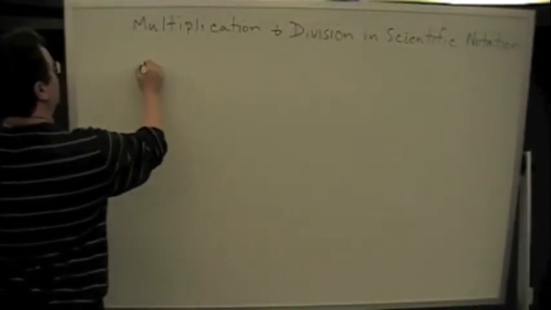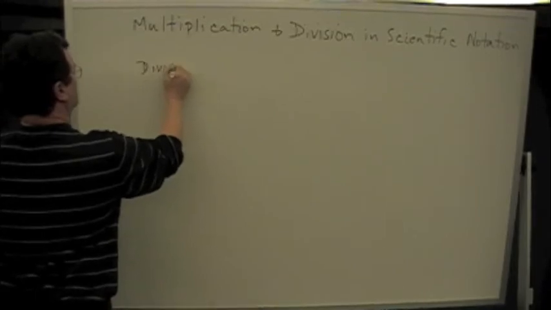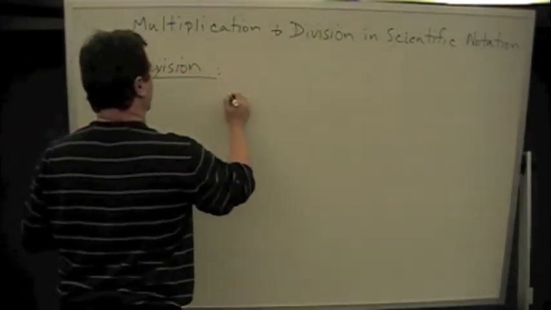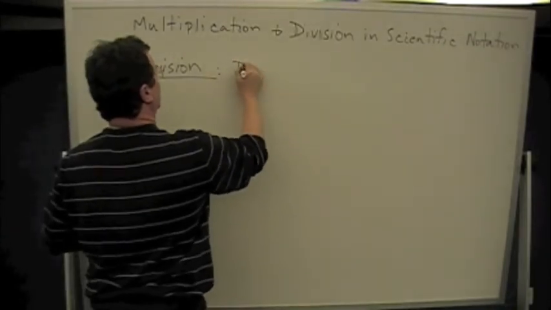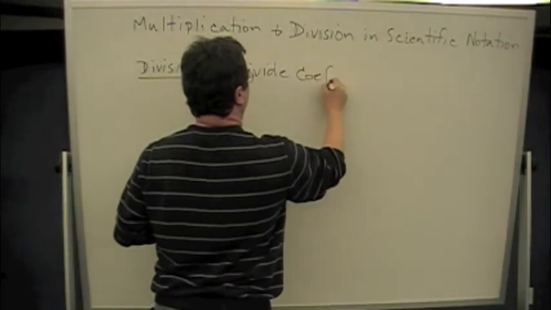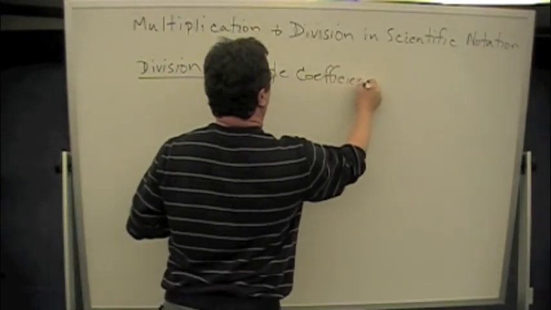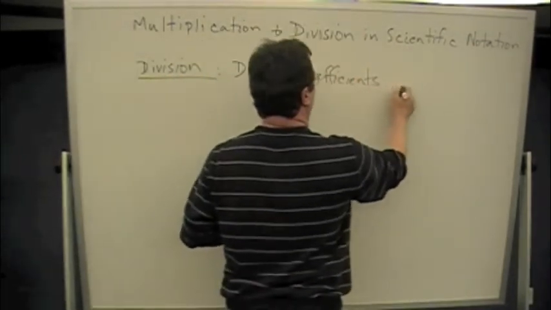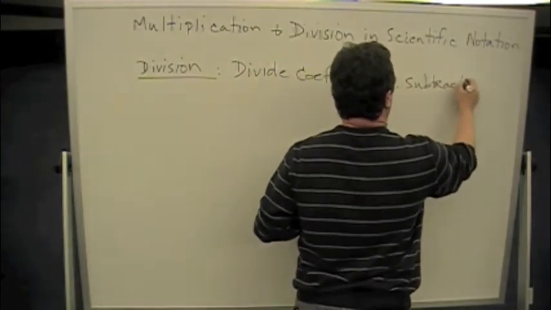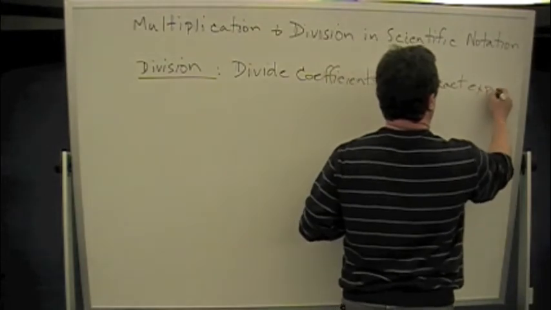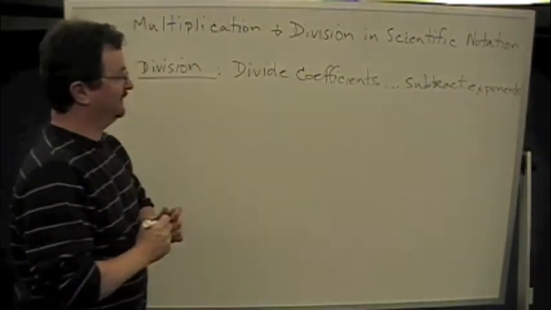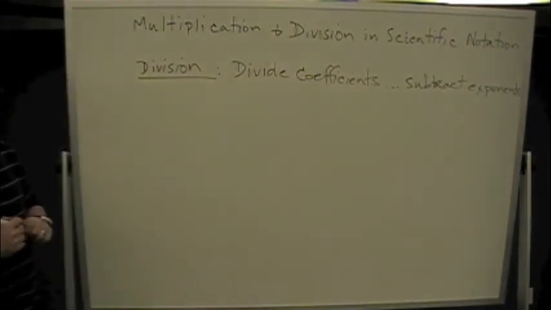So for division, you divide the coefficients and you subtract the exponents. So you divide the coefficients and you subtract the exponents.